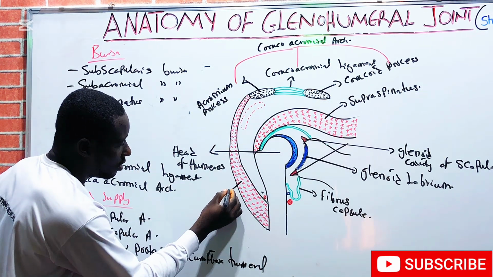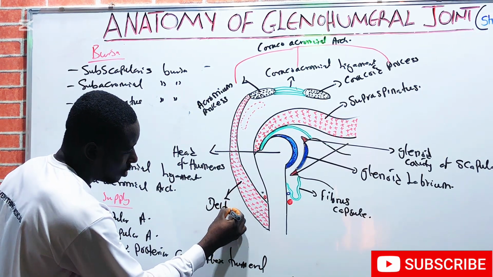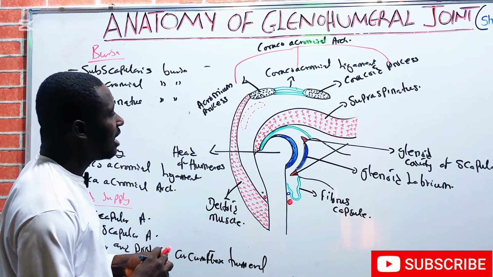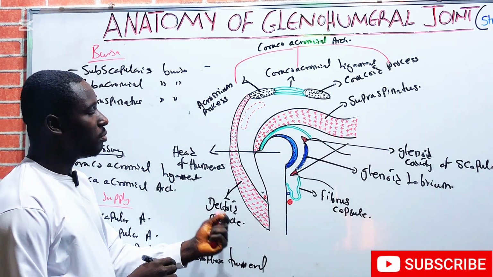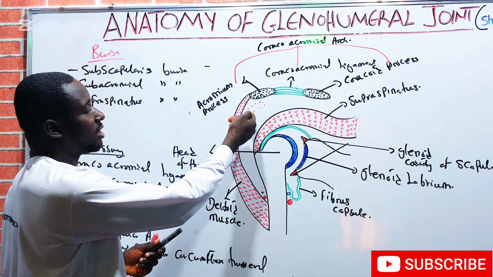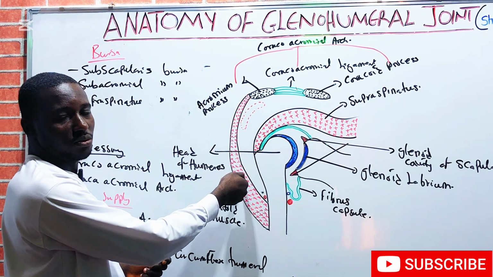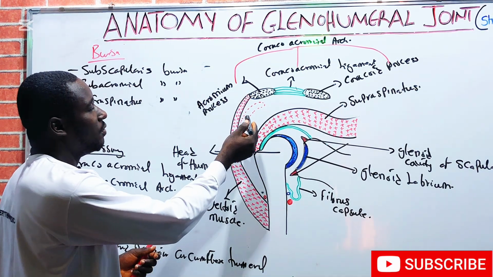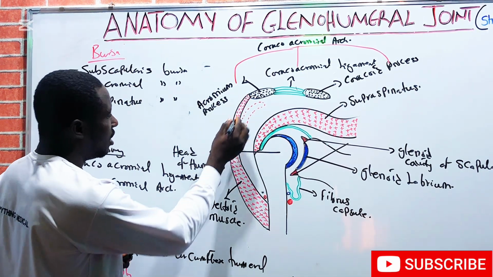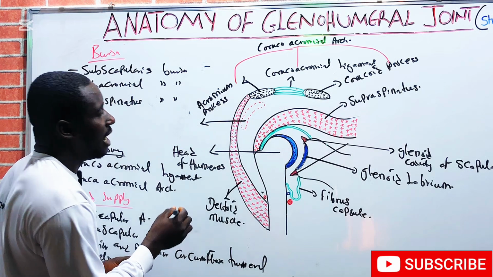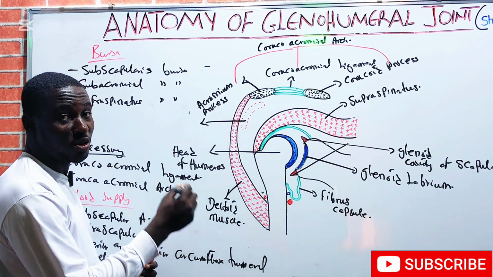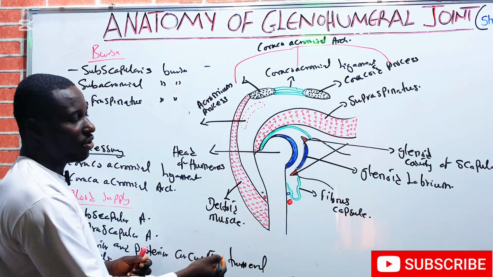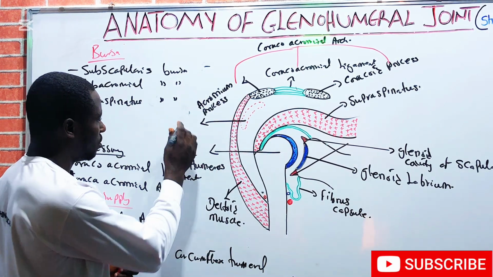So it's called the subdeltoid bursa because this bursa continues downward underneath the deltoid muscle.